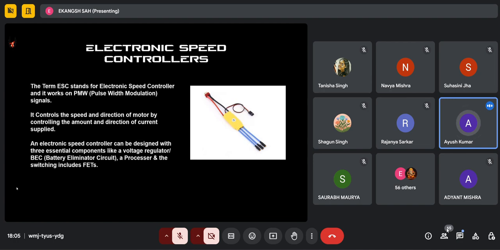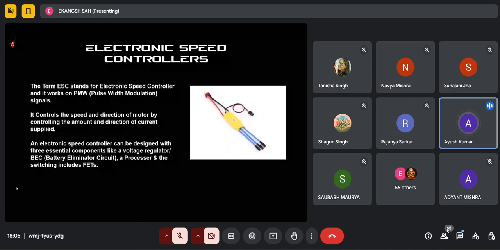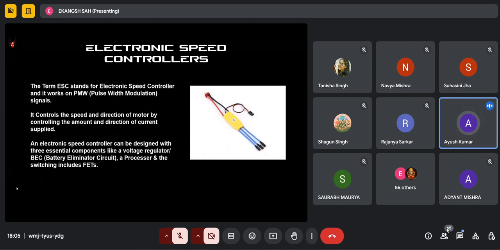If there is any spike in the voltage, it negates it and regulates it down to the required voltage so that the microcontroller, the ESC, and all the electronic components connected to it are safe. Then there is a battery eliminator circuit, which eliminates the need for an external battery for all the components. Then there is a processor, which is the same as a microprocessor, and the switching, which is done by field effect transistors, which I will discuss in the next slide.